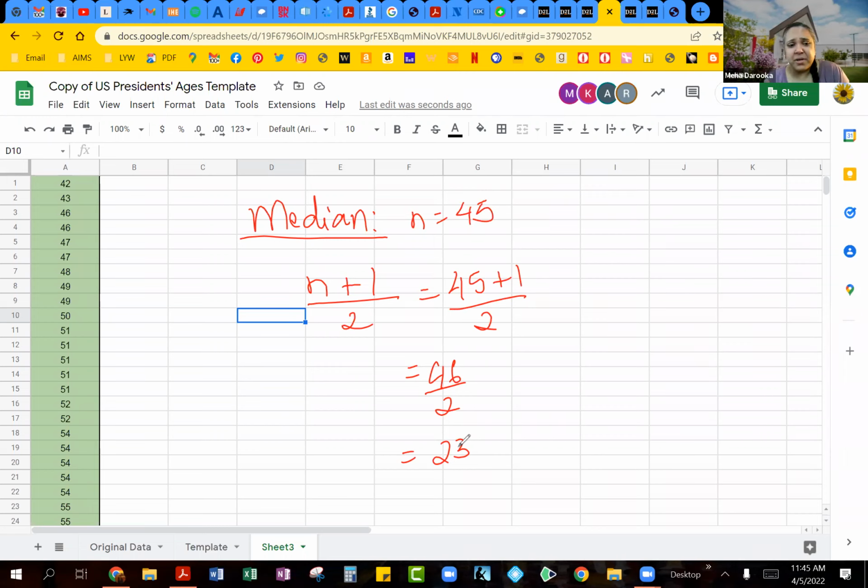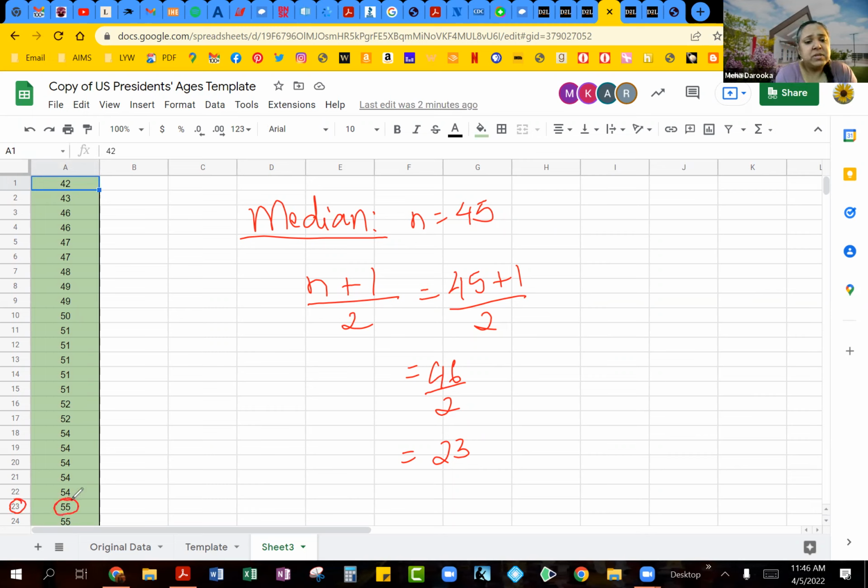So our median, once you sort your list from the smallest to the largest number, is going to be in the 23rd position. Now, again, the best thing about Excel or Google Sheets is you can see I started at the very top column, very first cell. That corresponds to box number 1, right? So to find the 23rd position, since I don't have any other numbers in the way, you can go down to the 23rd cell.